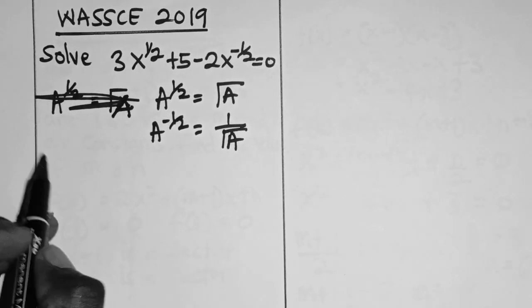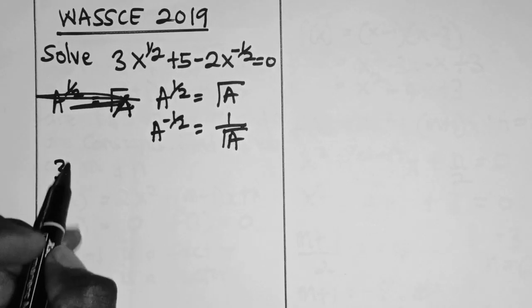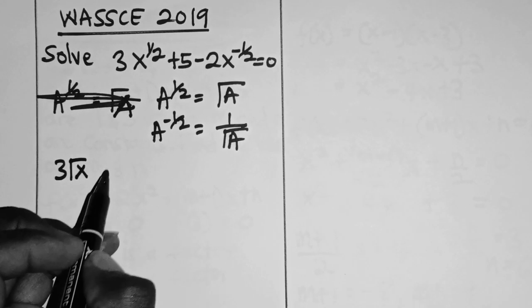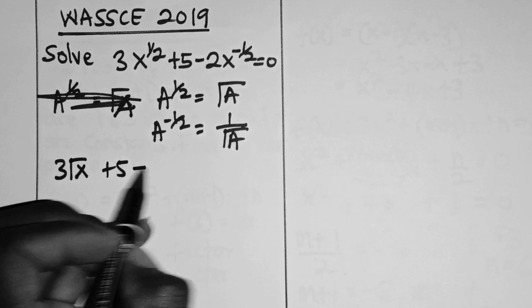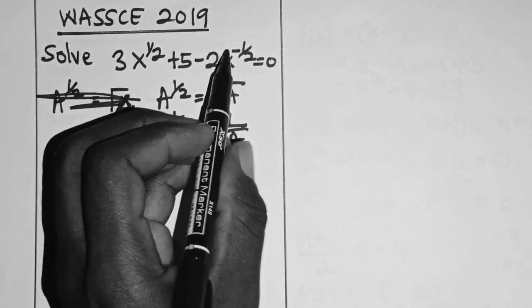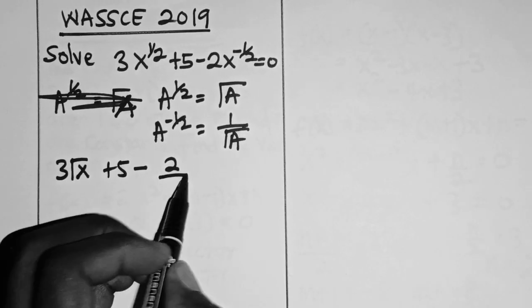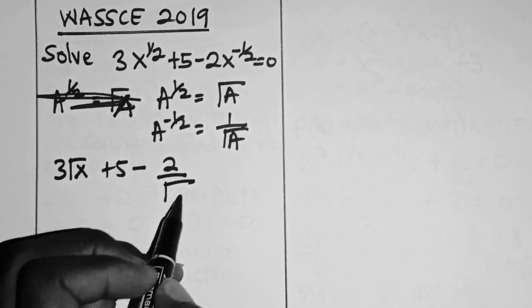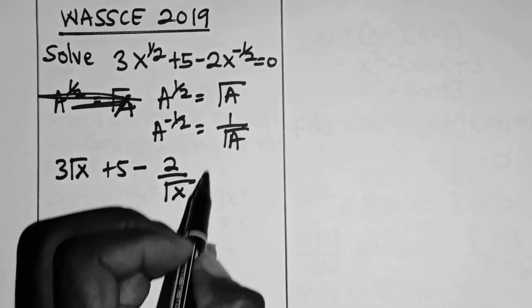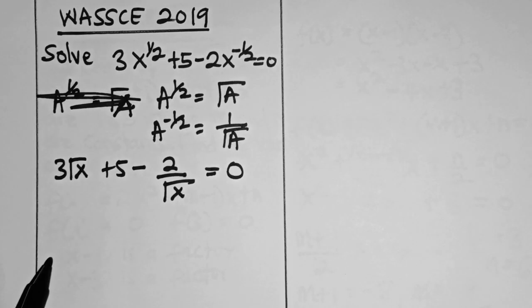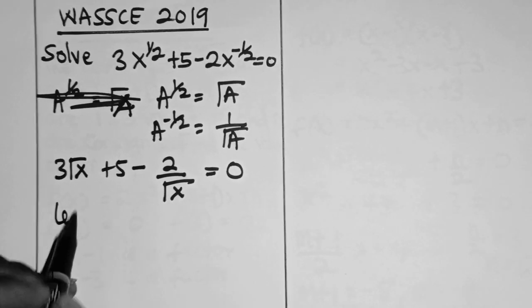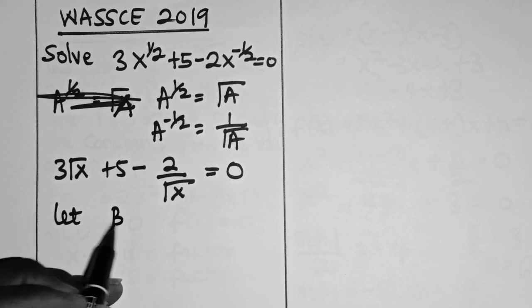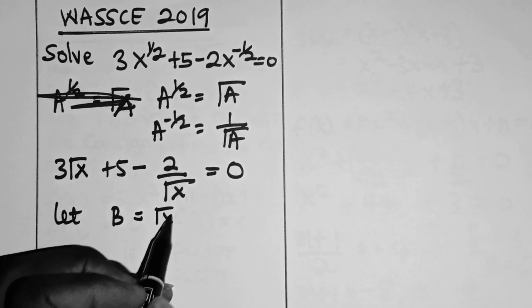So it means that this becomes 3 root x plus 5 minus 2 divided by square root of x, and all of that is equal to 0. So let's let b be equal to square root of x.